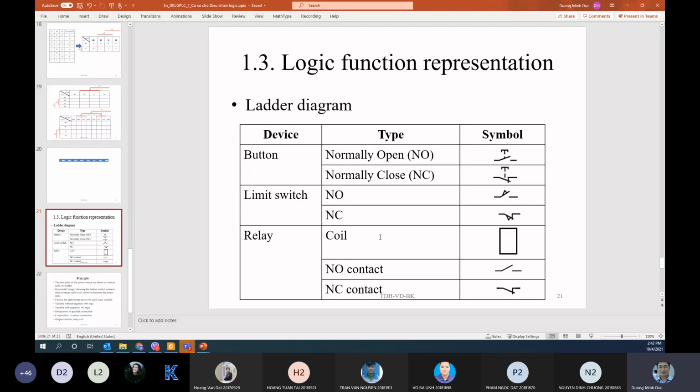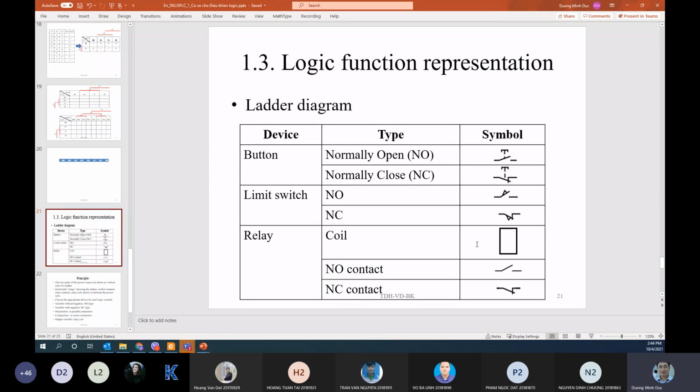The principle of a relay is that when we supply a voltage to the coil, the coil becomes an electromagnet, and this magnet applies a force to the contact so that the contact changes state.